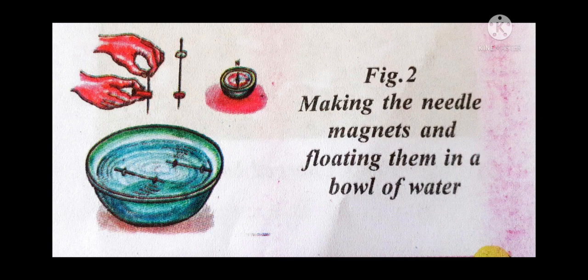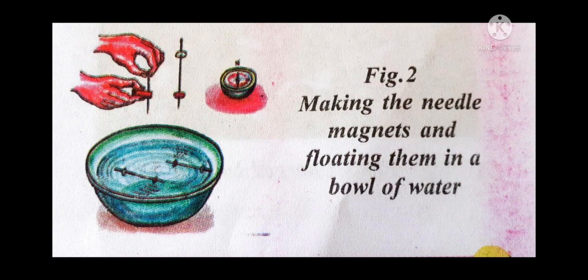Like poles of two magnets repel each other and unlike poles attract each other. You can observe the red end of one needle and the white end of the other needle attract each other. Ends with the same color repel.